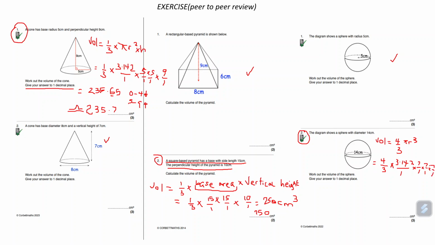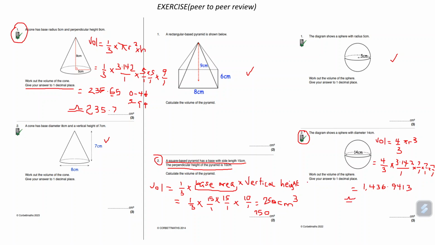If you put all this in your calculator, you do 4 times 3.142 times 7 times 7 times 7. Whatever you get, you now divide it by 3. If you do that, you'll be having 1,436.9413.